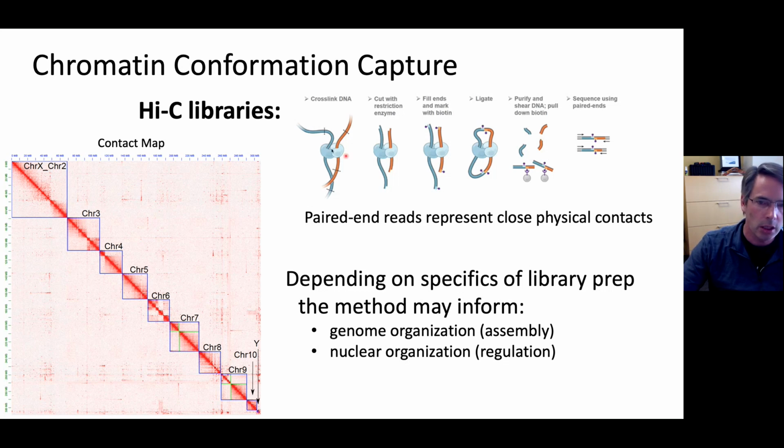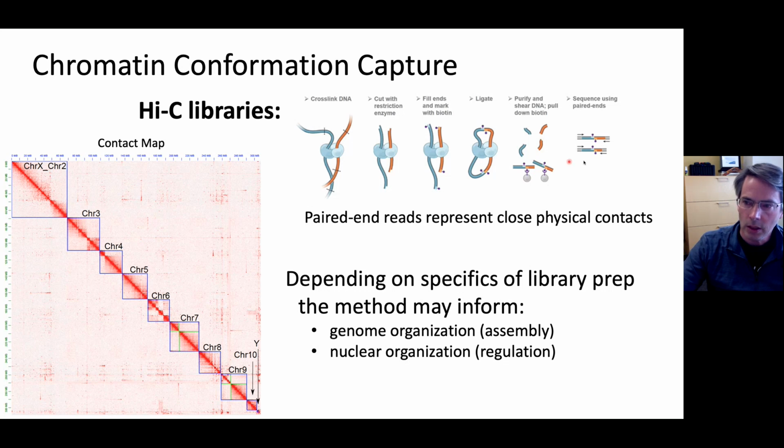So what you're doing here is cross-linking, usually with formaldehyde. I can never remember which one. But then you chop up your DNA after those things are linked together. Then you tag the ends, ligate them together, and then pull them down with a biotinylated molecule, just drawing blanks today.